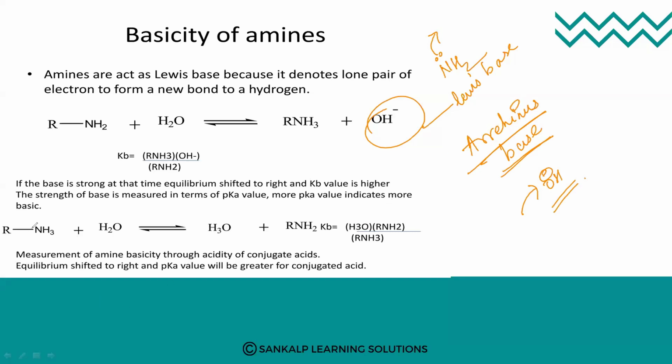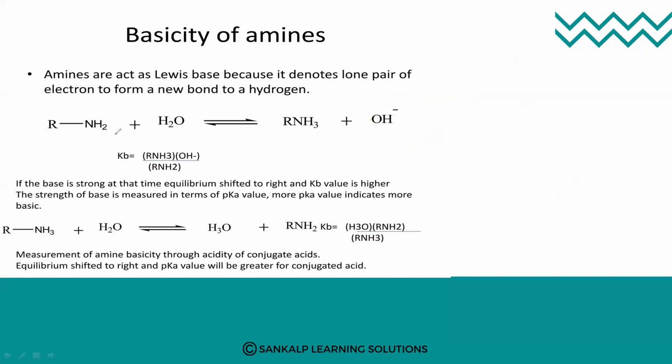Now let us see the reactions. When amines react with water, they form RNH3 plus and OH minus. If we take the equilibrium here, the equilibrium ratio is given as K equilibrium. We write products upon reactants, with the reactants being RNH2 and water.